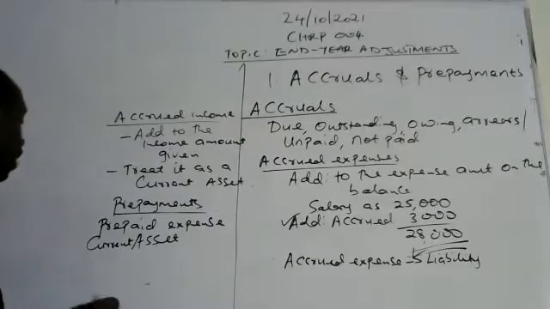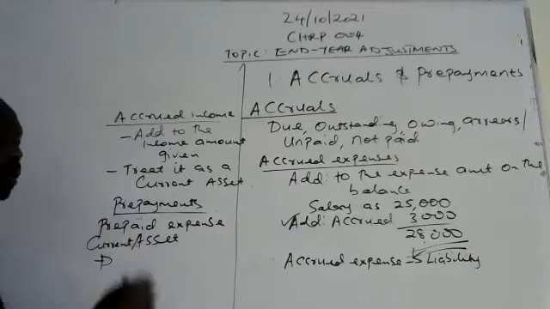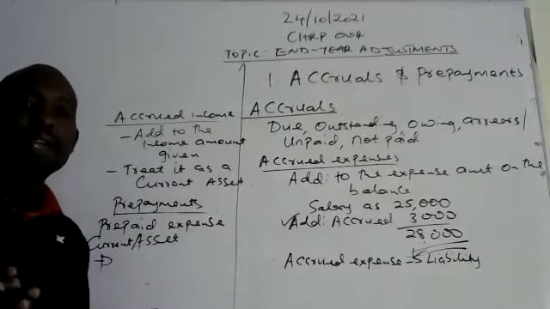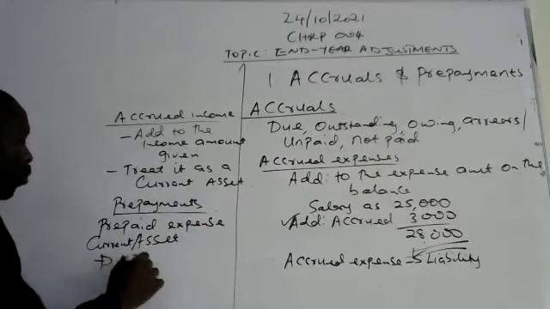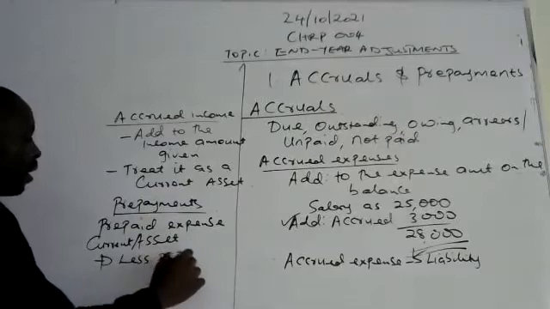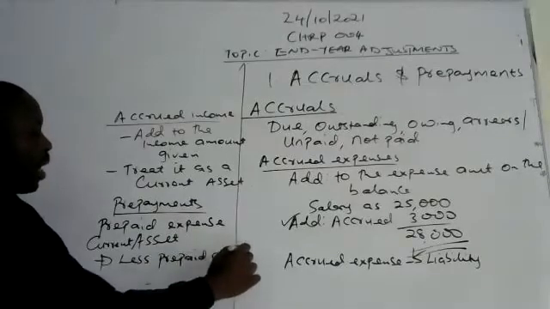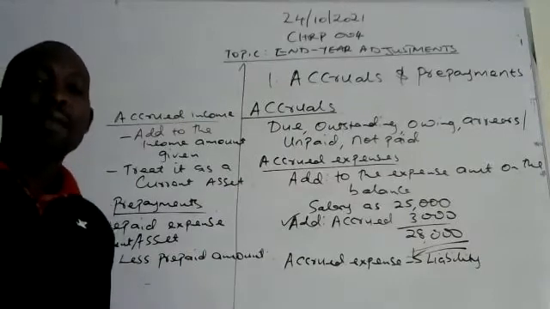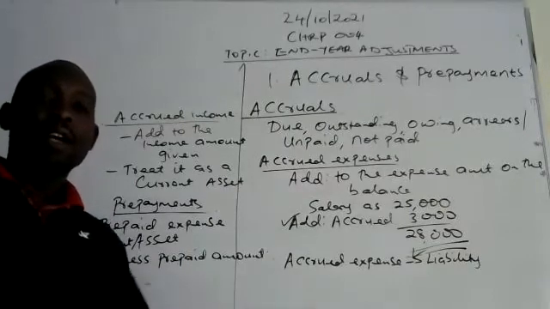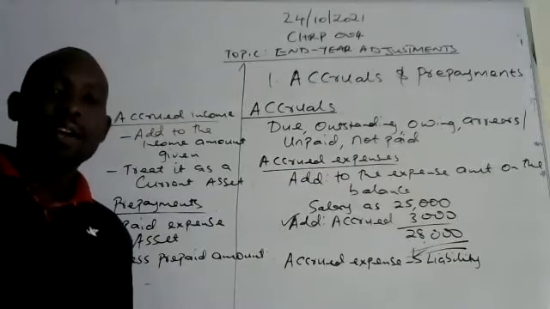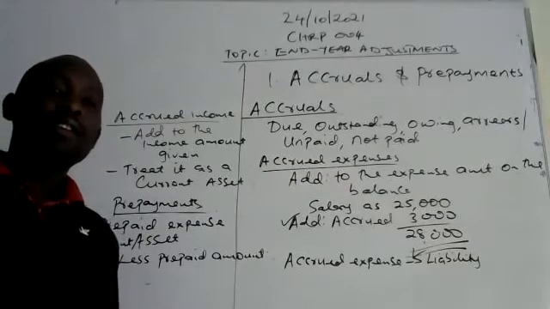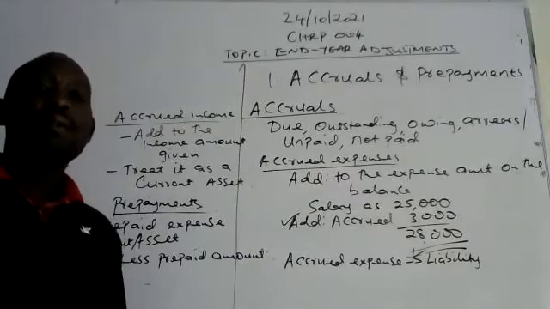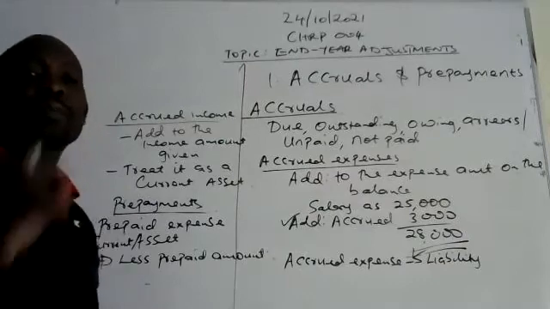Then you need to understand that this amount of money, because it is in excess, to get the correct amount that was payable in a particular financial period, we normally less prepaid. We normally less prepaid amount from the amount given in the trial balance. So if you are told that maybe we paid electricity 10,000, and then down there under the additional information, you are told that electricity that was paid in advance or prepaid was 1,000, then it simply means that in that year we were only supposed to pay 9,000.